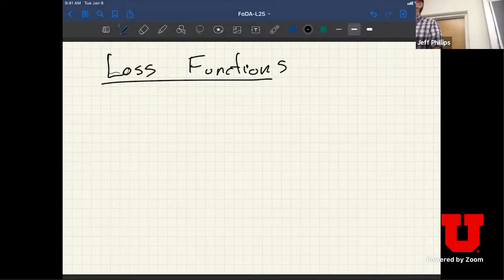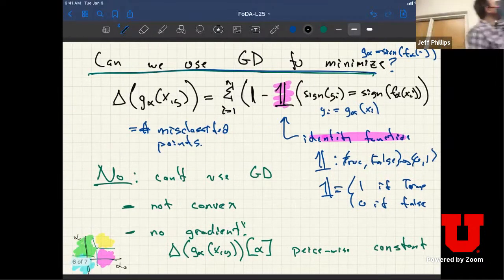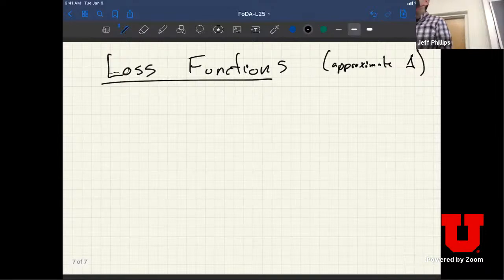The basic idea of a loss function is to approximate this delta function. That delta function is what we wanted to minimize, and we're going to approximate that.